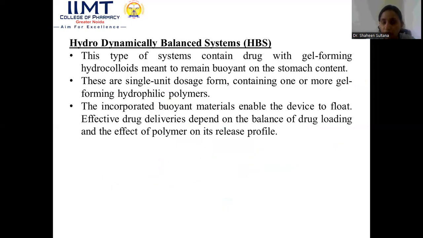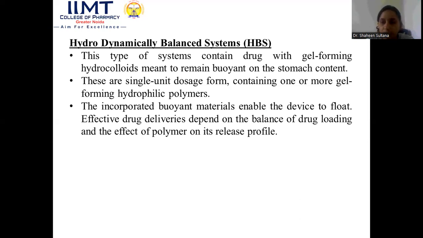Now, we will go through them in detail, one by one. First, the hydrodynamic balance system. This type of system contains the drug along with a gel forming hydrocolloid. This system remains floating, buoyant on the stomach content. These are single unit dosage forms, like a tablet, and they contain one or more gel forming hydrophilic polymers.